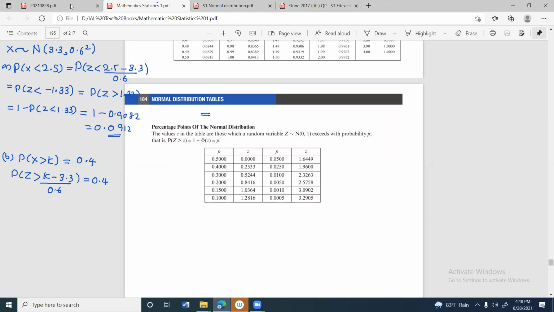You can see this. So you can write the answer like this. (K minus 3.3) divided by 0.6 is equal to, for the greater region, these couple of probabilities are there. 0.2533. With this, you can work out this question.